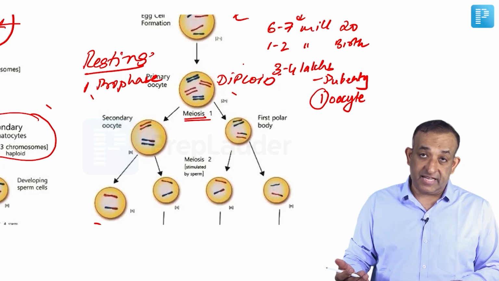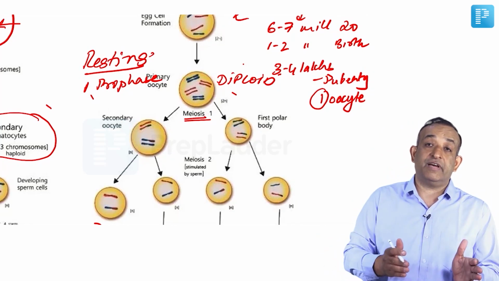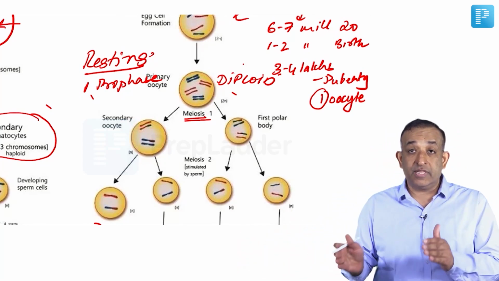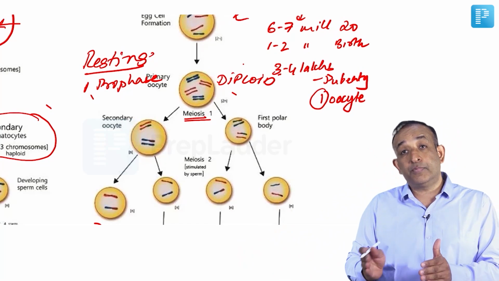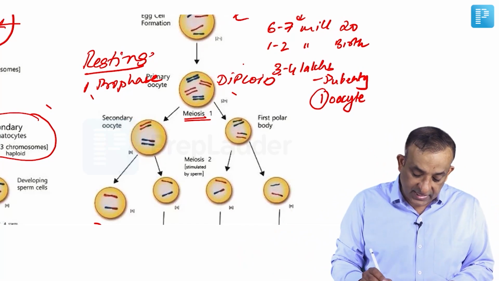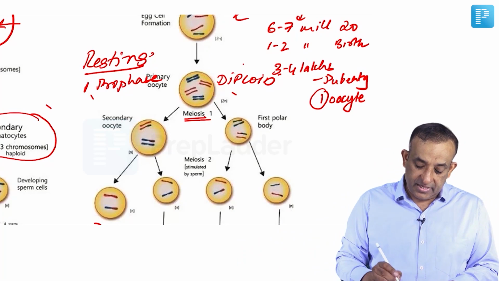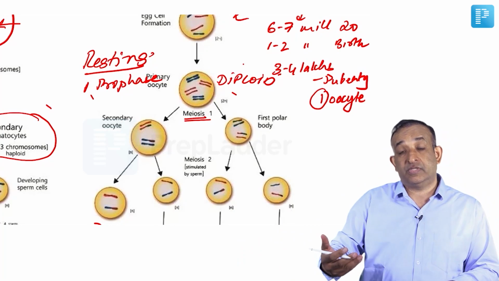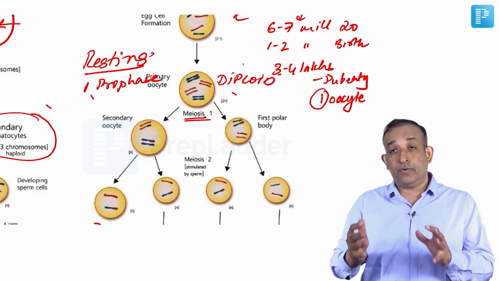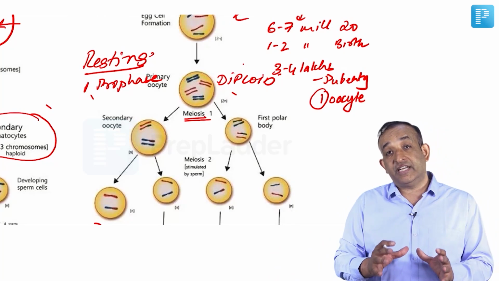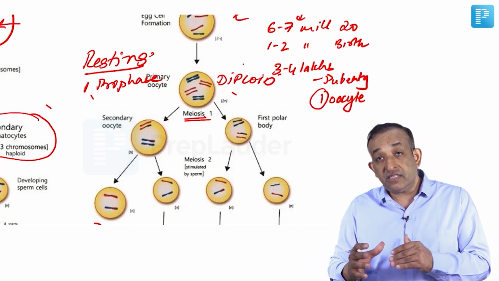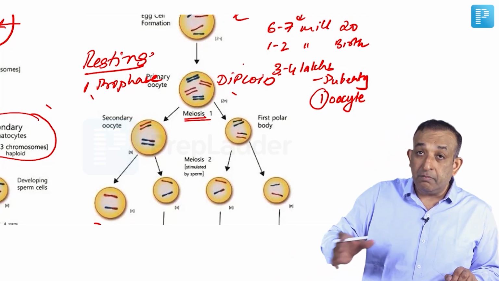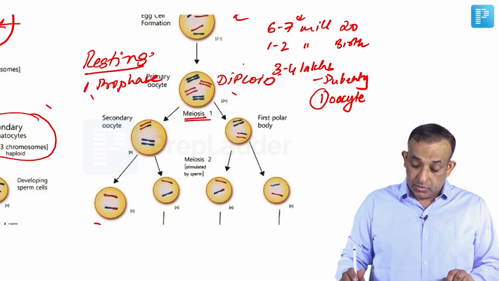The oocyte is resting in the first prophase, and the prophase is divided into leptotene, zygotene, pachytene, diplotene and diakinesis. It is resting in the diplotene stage, and this resumes at the time of ovulation. So the girl is born with a lot of primary oocytes, and when she matures around 13 years of age, this meiotic division is resumed as the menstrual cycle starts.